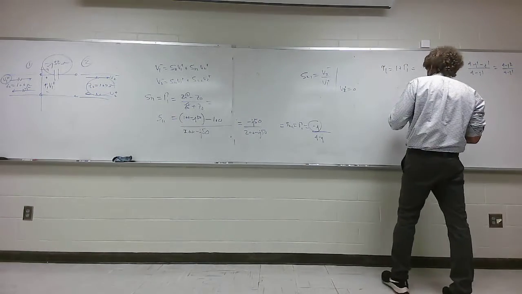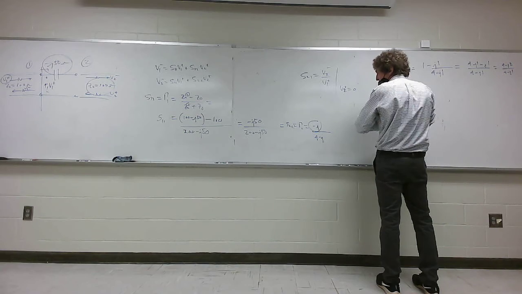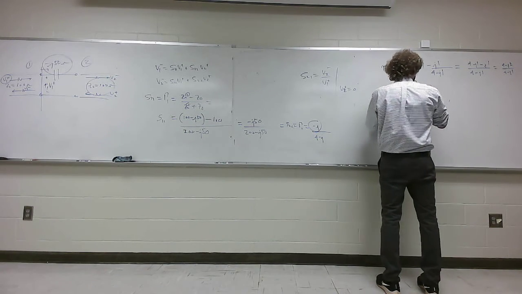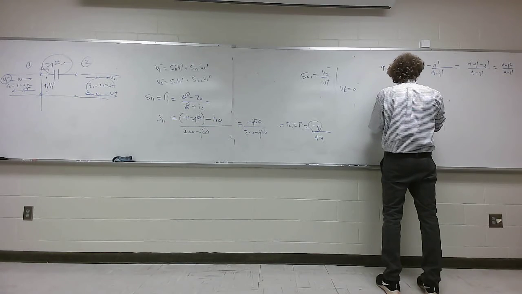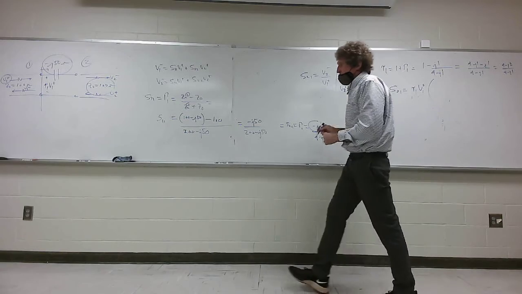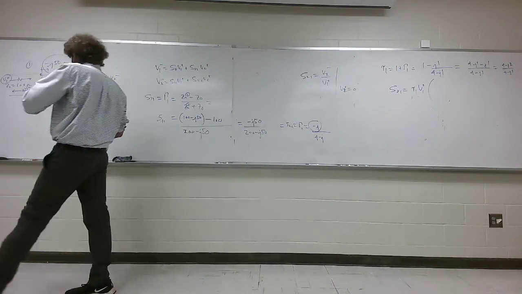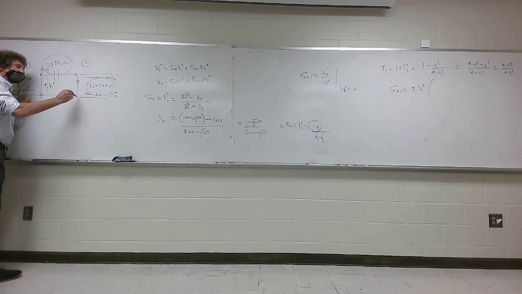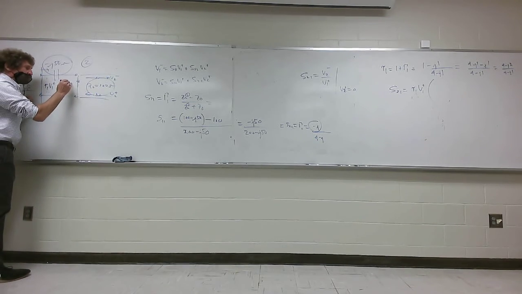So now that I have that, I can see that my S21 is going to be this, tau 1, I'll just leave it at that, times V1 plus. Once I have this voltage right here, how do I get my output voltage? Voltage divider. Think of this as just 50 ohms to ground, 100 ohms to ground, right?